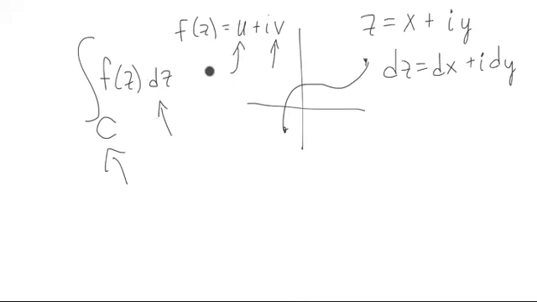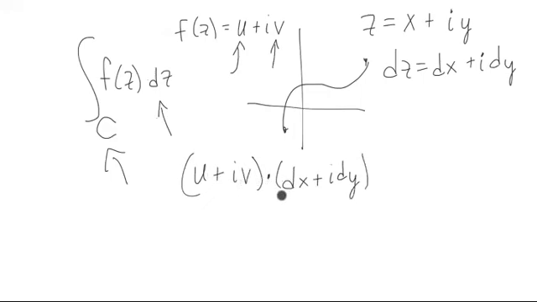Okay, so really this integral will look something like this: u plus iv, at least in this part right here, the differential part, is multiplied by, in usual complex arithmetic multiplication, dx plus i dy. Now, if we do this, we can work through it by thinking of foiling this out.